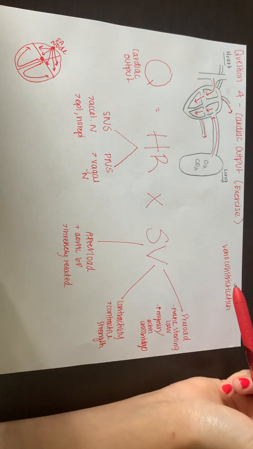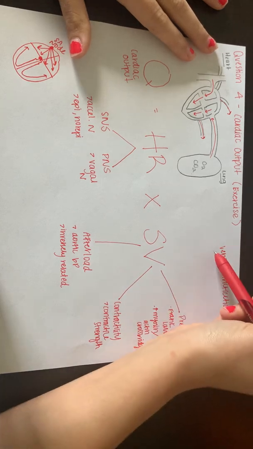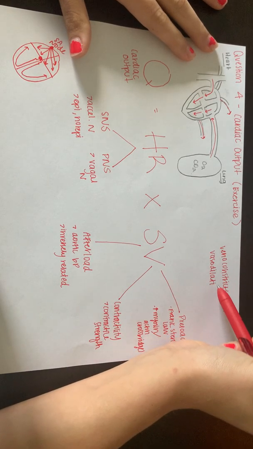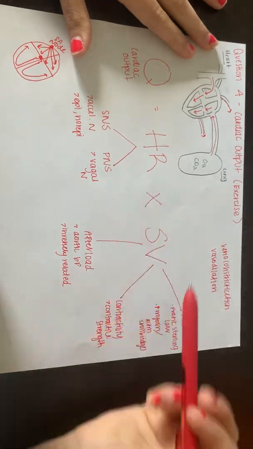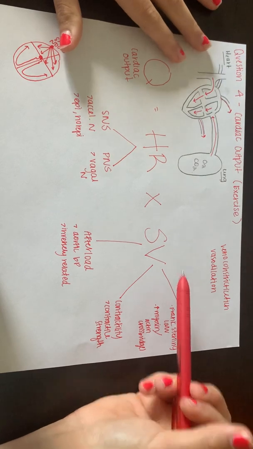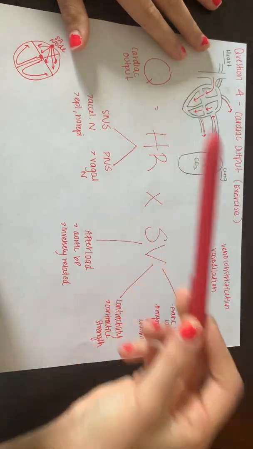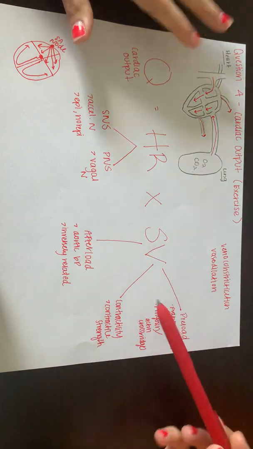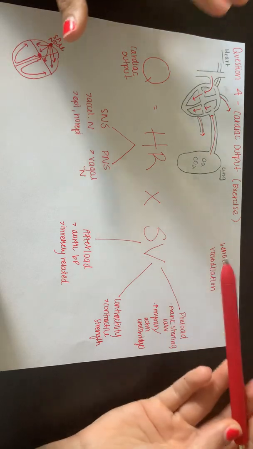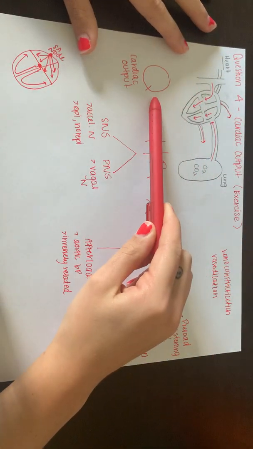Now, vasodilation is going to open up near the muscle that you need the oxygen to. So you increase the cardiac output, you redistribute the blood flow, and vasodilation is going to open up near the muscles where you need it, and the blood is going to travel there because it travels from high pressure to low pressure. So you're going to need more blood there. Dilation of the veins is going to open up for more blood to travel. Muscles then get it.